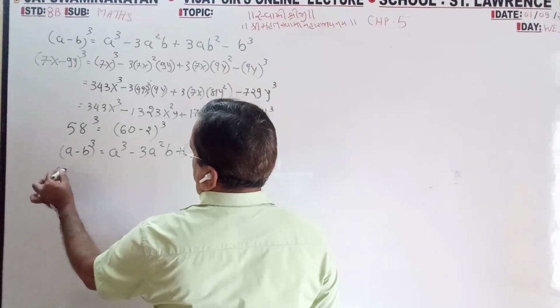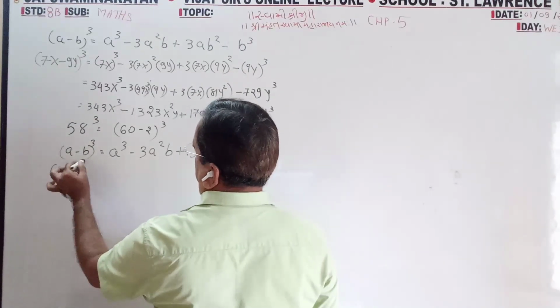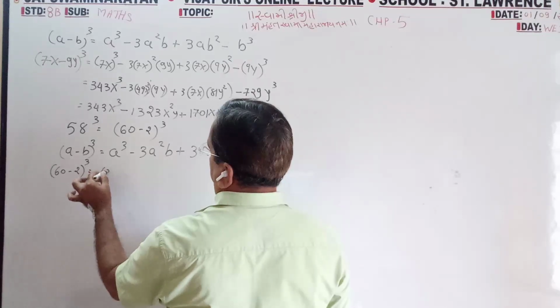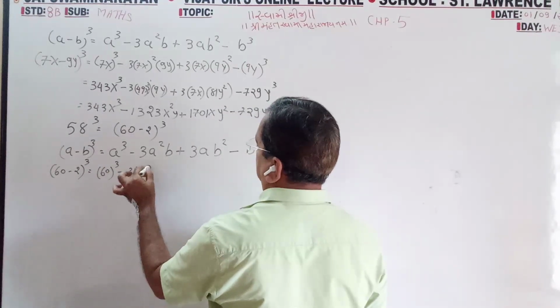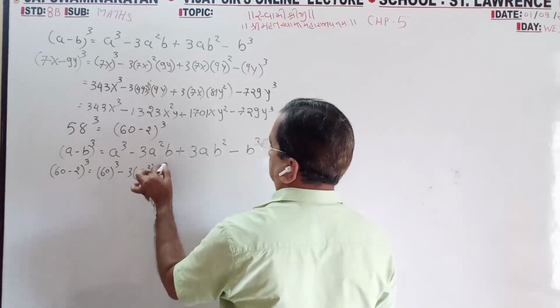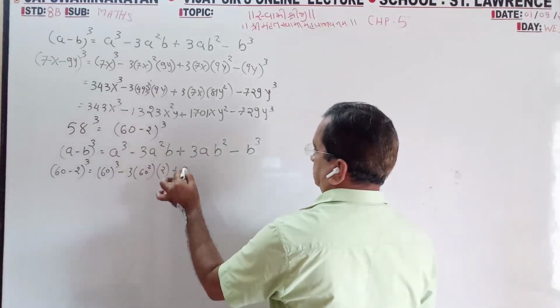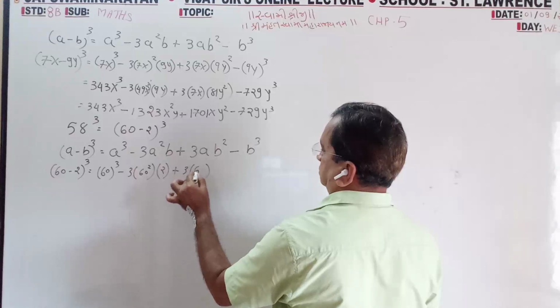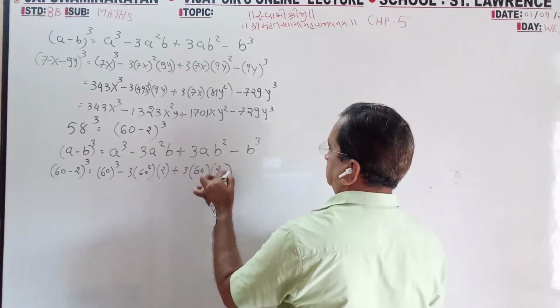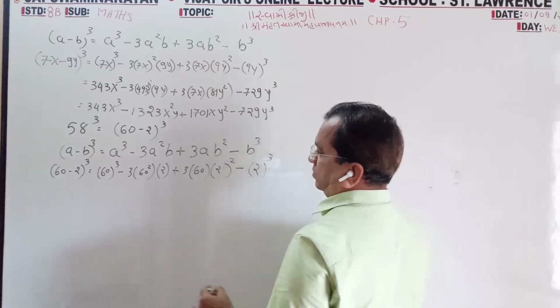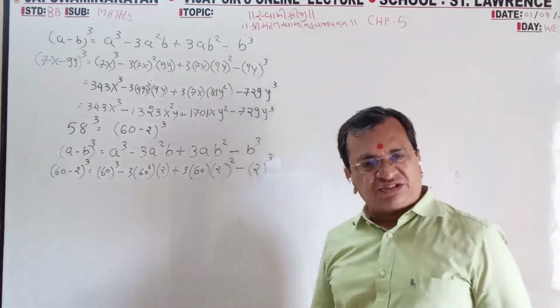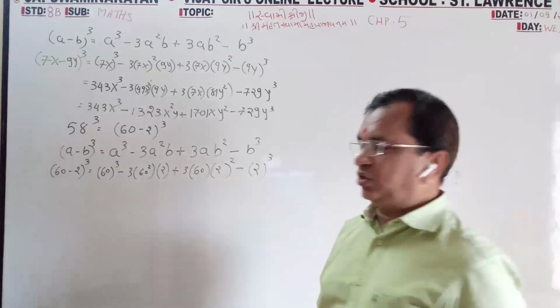So 60 minus 2 cube. 60 cube is 216000. Six sixes are 36, 36 sixes are 216.